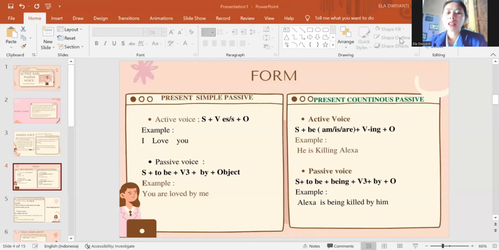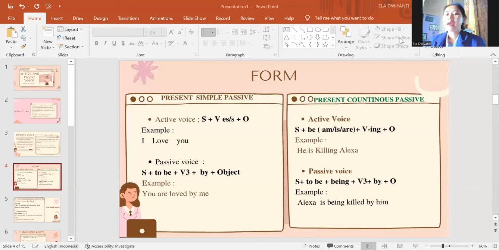And the verb one in the active voice changes to verb three in the passive voice. Love becomes loved, followed by the preposition by me. You are loved by me in the passive voice, but in the active voice we say I love you. In the passive voice we say you are loved by me.